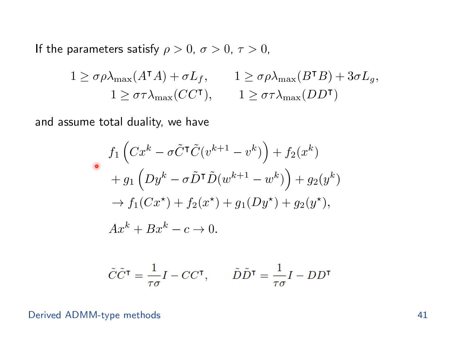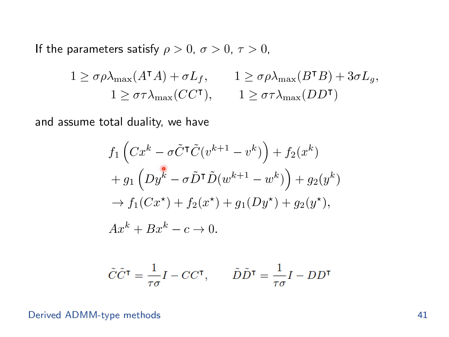Then we have objective convergence and constraint convergence. Specifically, the constraint violation converges to 0. What I did not write here is that these two additional terms involving C tilde transpose C tilde and D tilde transpose D tilde will themselves converge to 0.